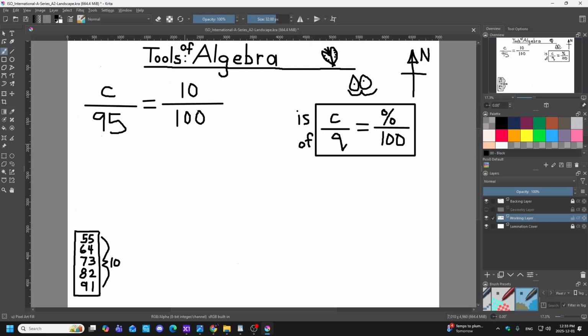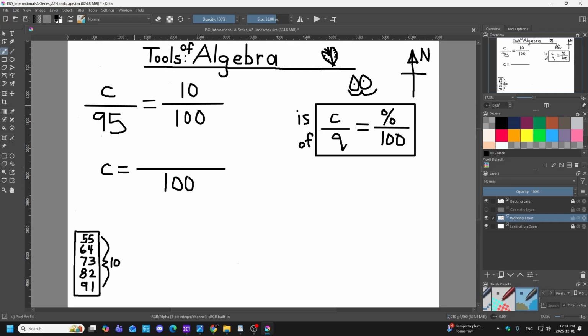Let's do the work. Cross multiply. What I'm going to do is save a step, because most of you have already been following along and you understand the steps. Whatever the variable is attached to, that's the divisor.